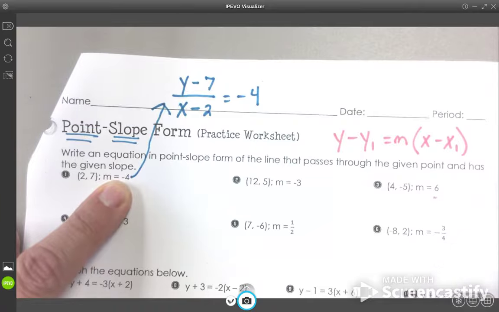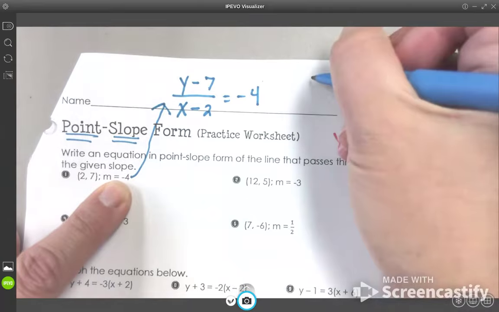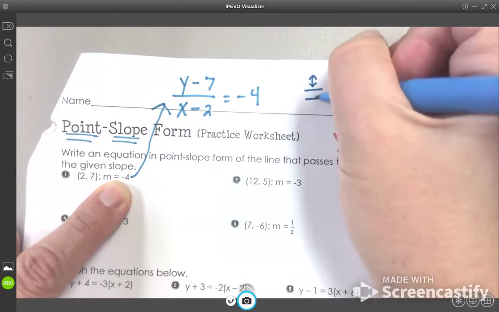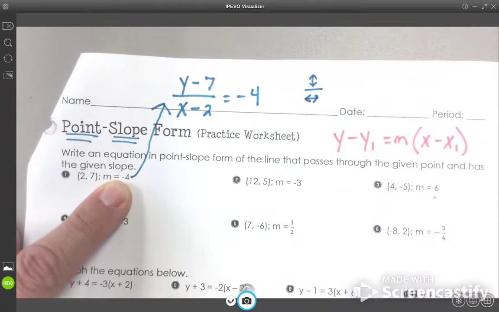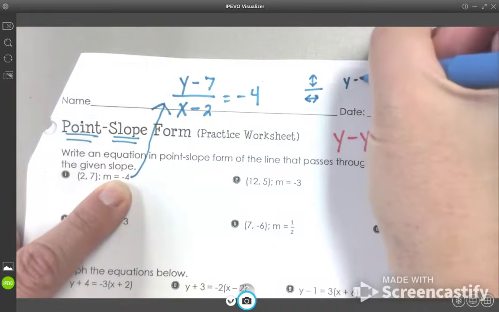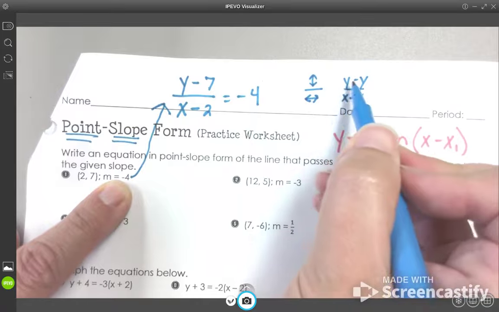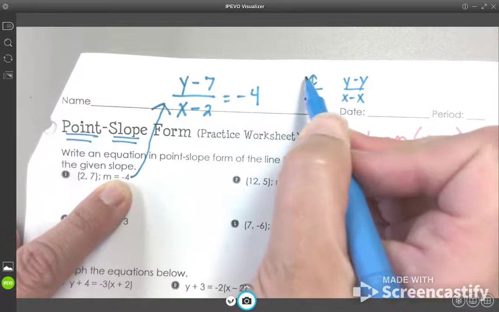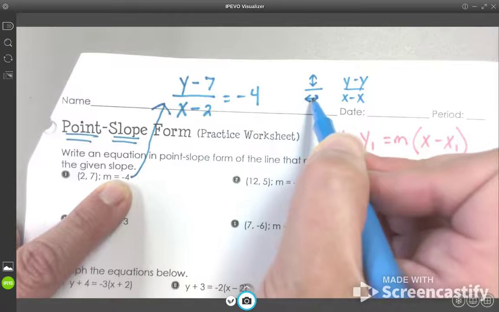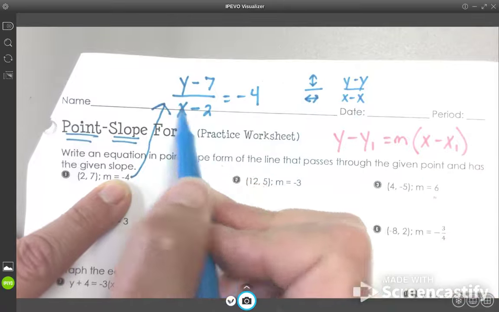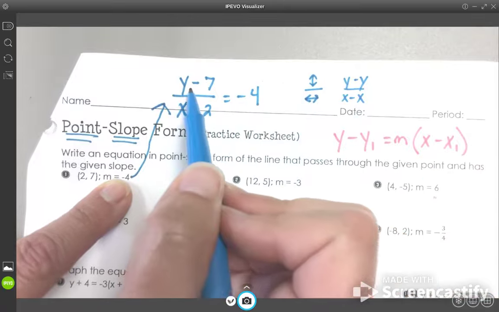Now that you guys have learned more with slope, slope is the vertical change over the horizontal change. We did one day of finding slope from points. Remember when we were subtracting the coordinates, like y minus the y coordinate over x minus the x coordinate? Because we were finding the change in y over change in x, same thing as the vertical change over the horizontal change. Now this equation should make more sense.